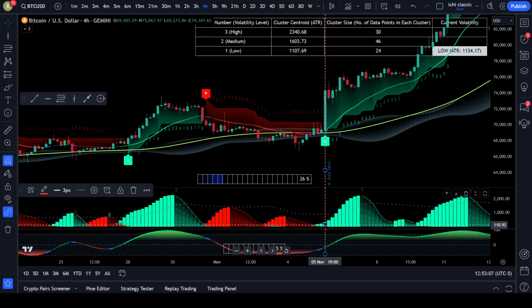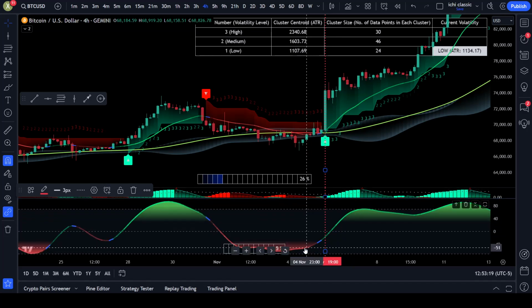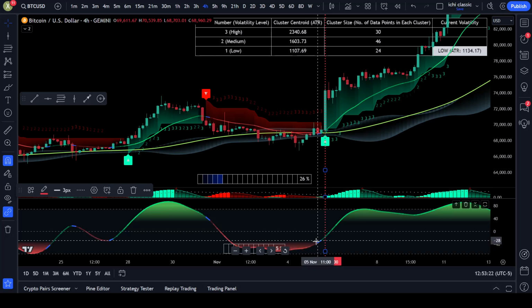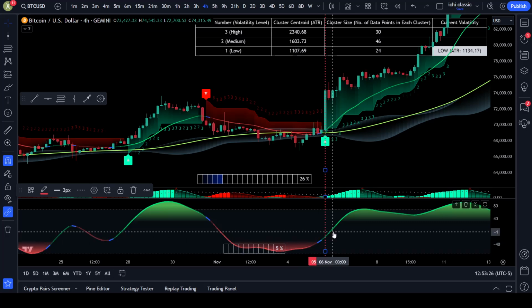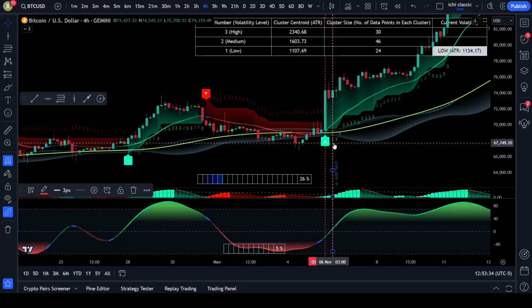So I see that it's a light green bar, but it's not above this dotted line. Also on the bottom, I see that there was a change of trend marked as light blue, but it was not above 0. So my above 0 would be somewhere here.